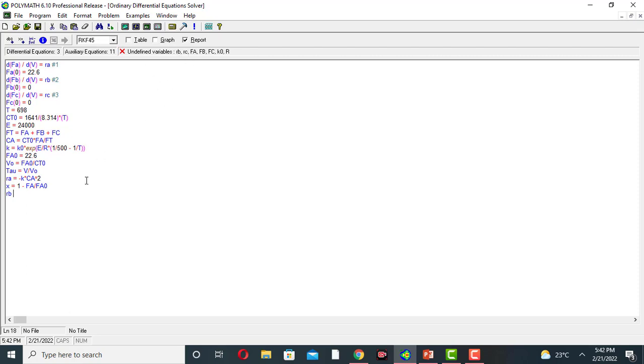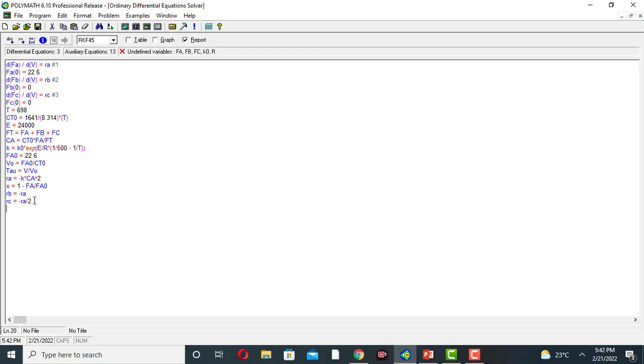From the relative rate law we know that RB is equal to minus RA and RC is equal to minus RA divided by 2.